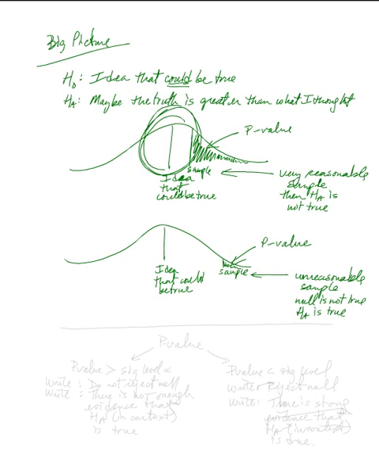All right, so in general, when you get your p-value, this kind of ends the big picture, here's what's really going to happen. You're going to compare your p-value to the significance level, alpha.